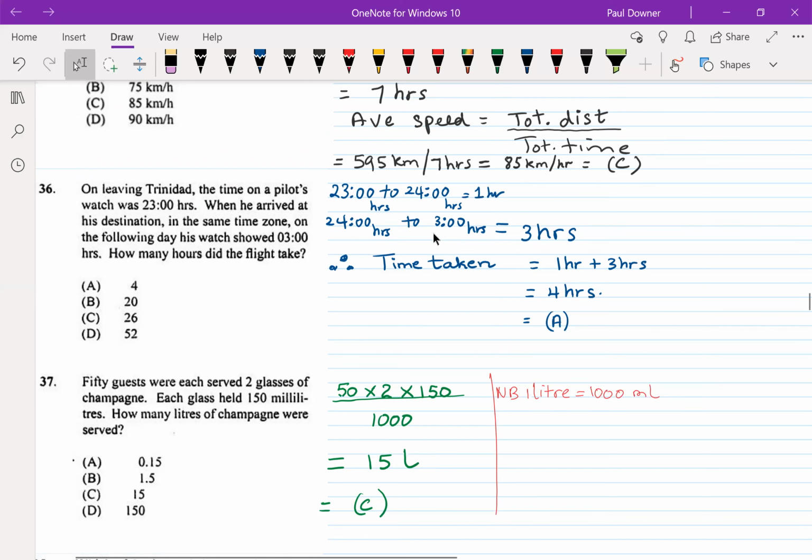So 2400 hours to 0100 hours the next day, that's 1 hour, to 0200 hours to 0300 hours, that's 3 hours in all. So the total time taken will be 1 from here and 3 from here, which gives us 4 hours in all. So that corresponds to answer A, 4 hours. Number 36, answer A.